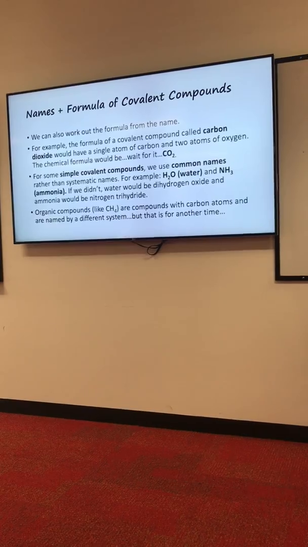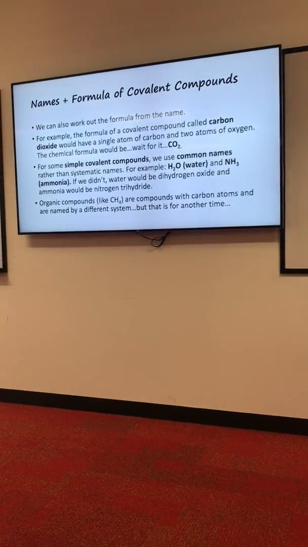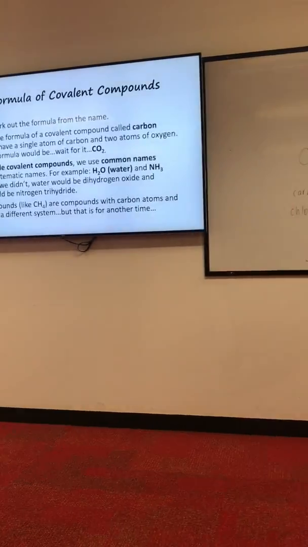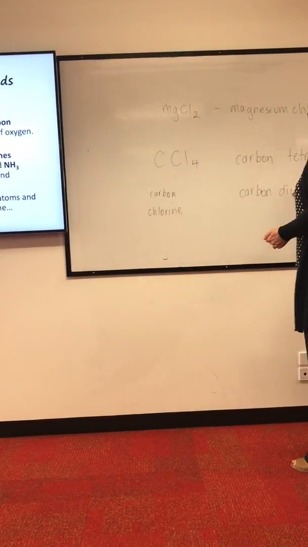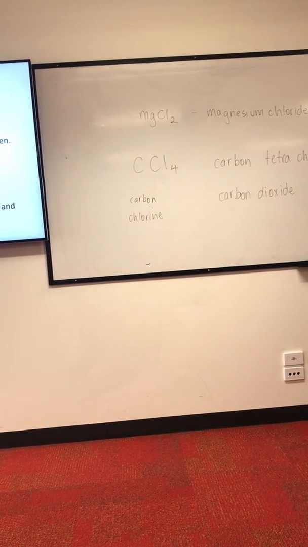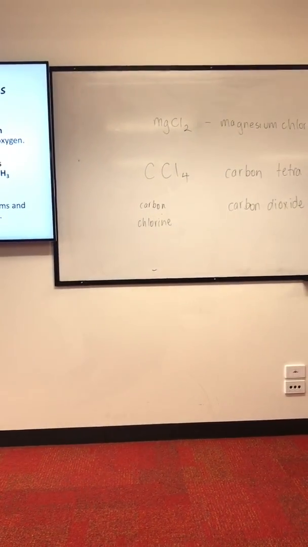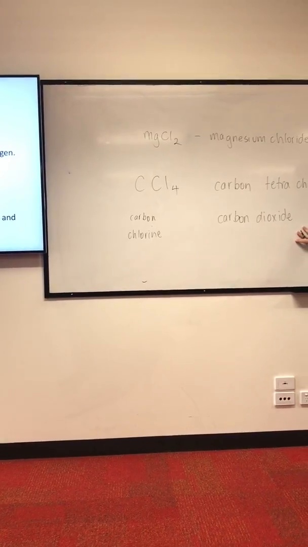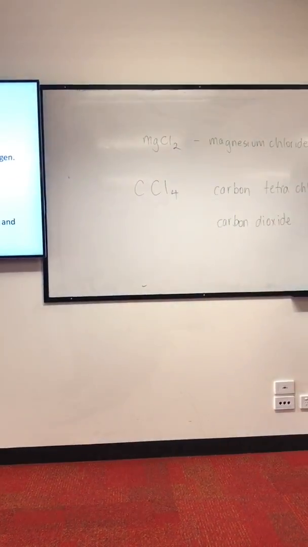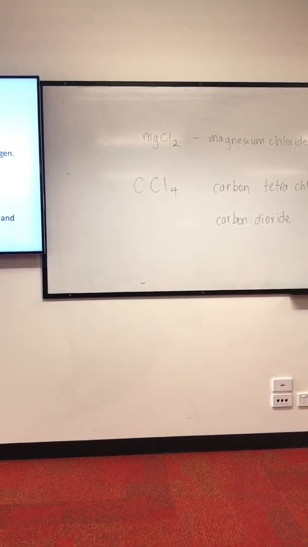So if I gave you the name of a common covalent compound, which was carbon dioxide, now you all know the formula of carbon dioxide because we talk about it a lot. However, if you're an alien coming to the Earth, you would go, right, I can write the chemical formula for carbon dioxide based on the rules of naming covalent compounds.